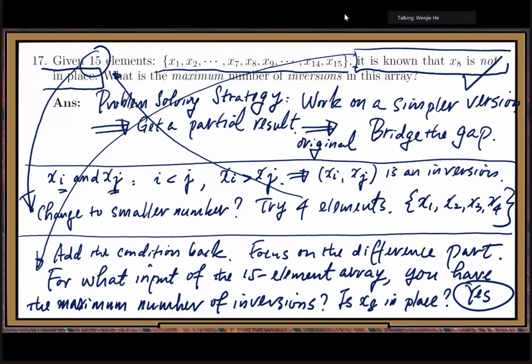So your inversion reduction must be the minimum when you move x8, because x8 has to be not in its destination location based on the given condition. Try to understand all these important pieces. So we complete the hint of this question.